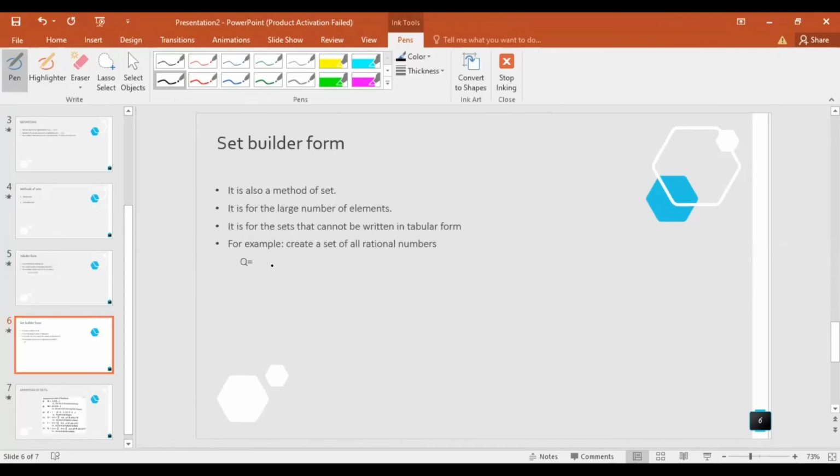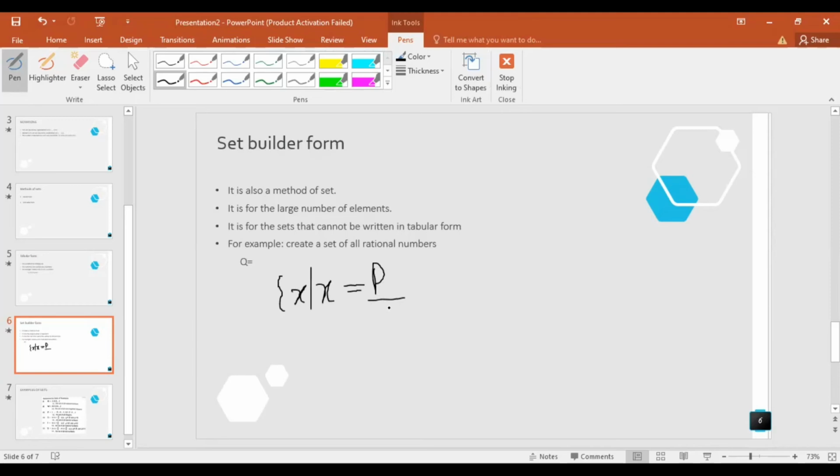So Q equal to, in brackets, X such that X should be equal to P upon Q. You know the definition of rational numbers: all the numbers that are in the form of P upon Q are called rational numbers.